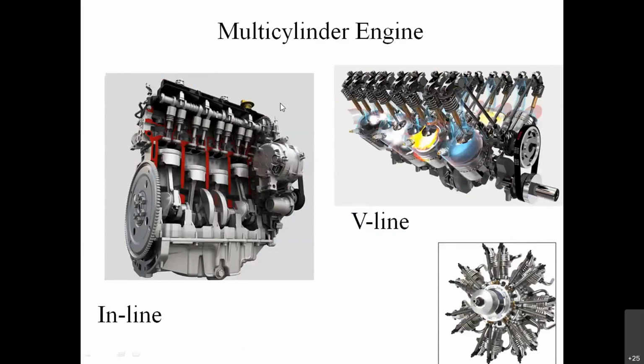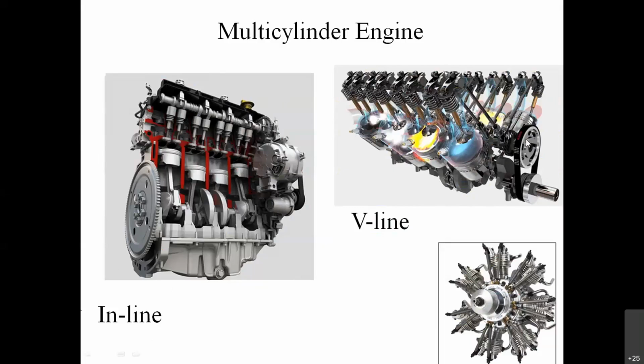So these are representing different structures of the multi-cylinder engine. If all the cylinders are mounted in a single row, that is known as an inline multi-cylinder engine, whereas if the cylinders are mounted in a V shape, those are known as V-line multi-cylinder engines.